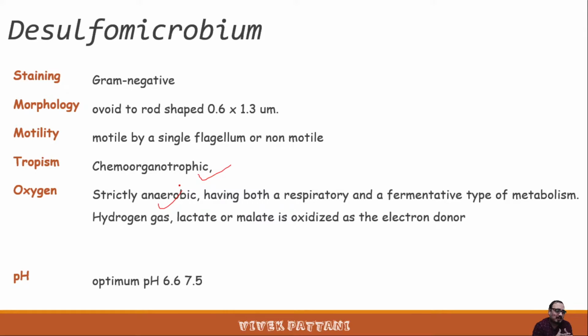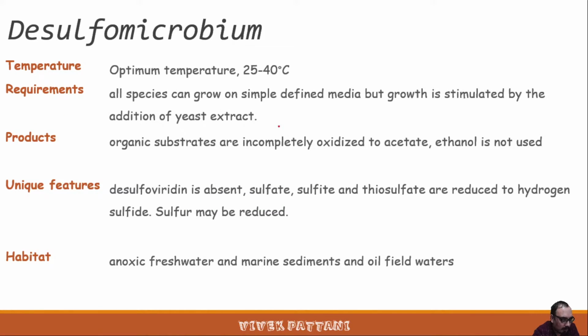Hydrogen gas, lactate or malate is oxidized as an electron donor, and they have a pH range from 6.6 to 7.5 and a temperature range of about 25 to 40 degrees Celsius.